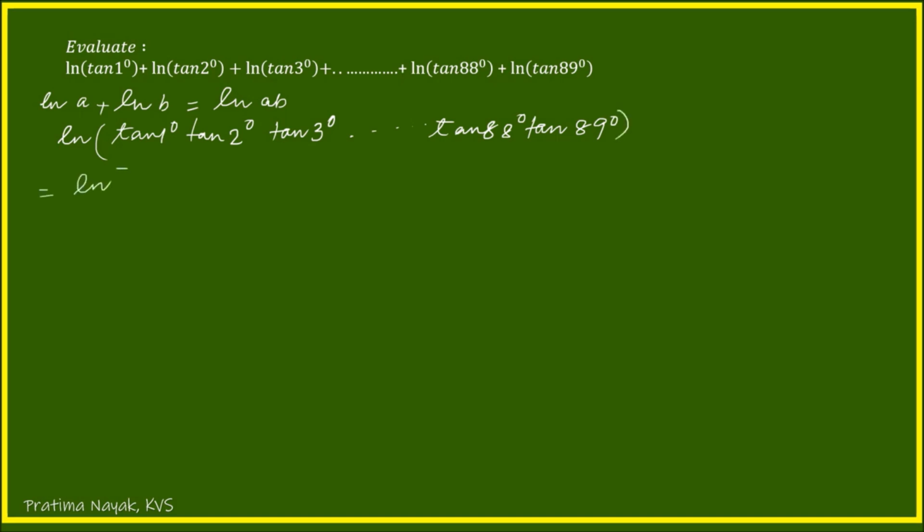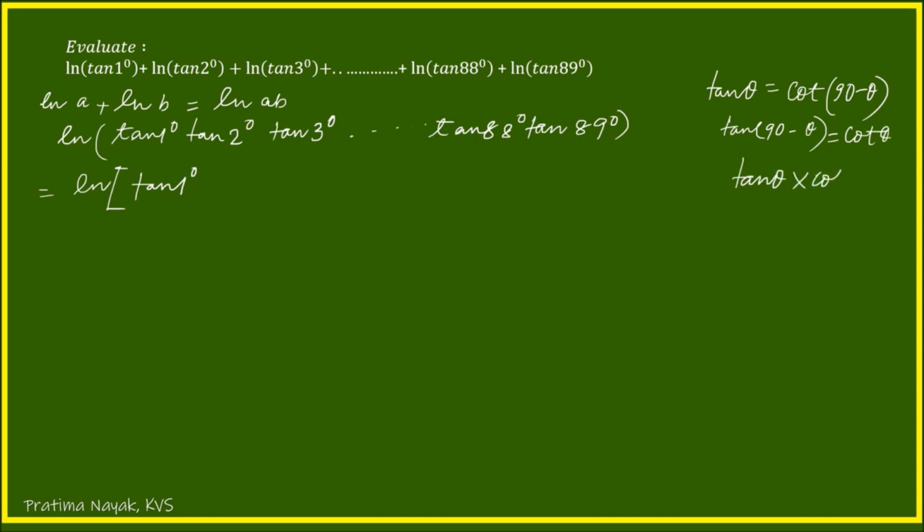This can be simplified: tan theta is the same as cot(90 minus theta), or tan(90 minus theta) can be written as cot theta, and tan theta multiplied by cot theta is 1. So tan 1, tan 89, I'll write as cot 1, this is multiplication.